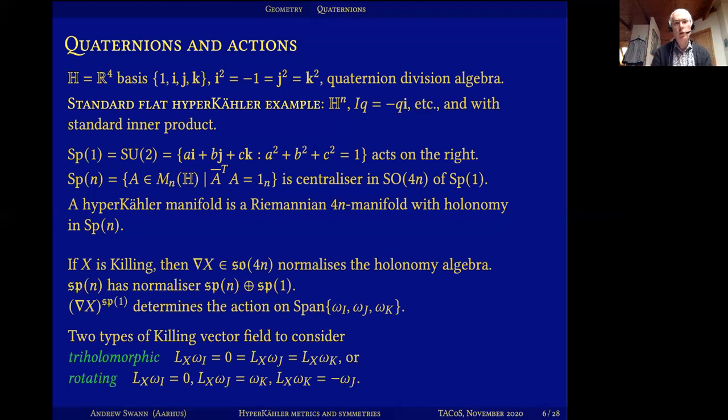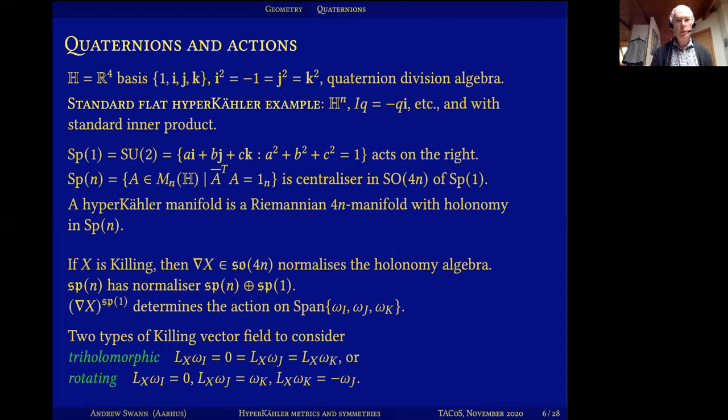So there are only really two cases of these types of actions. There's either the case where all three forms are preserved individually, so the action on this space is trivial, or there is the case where one direction is preserved and X generates a circle action rotating the other directions.